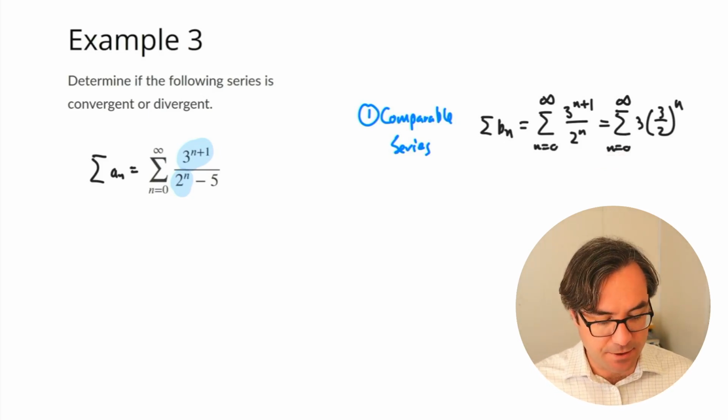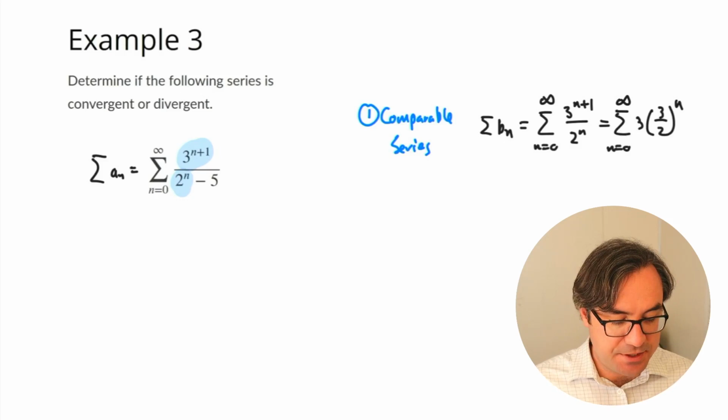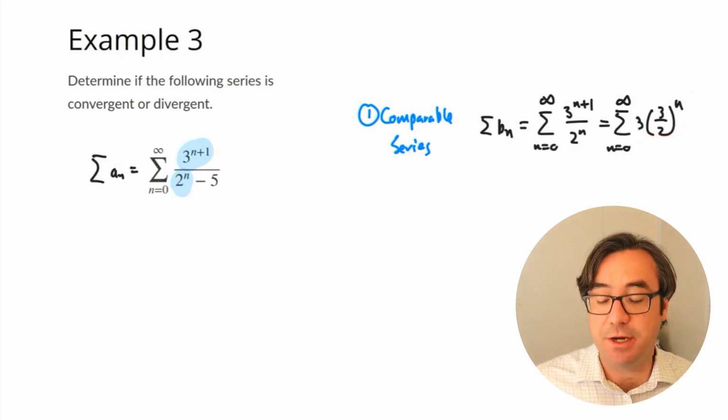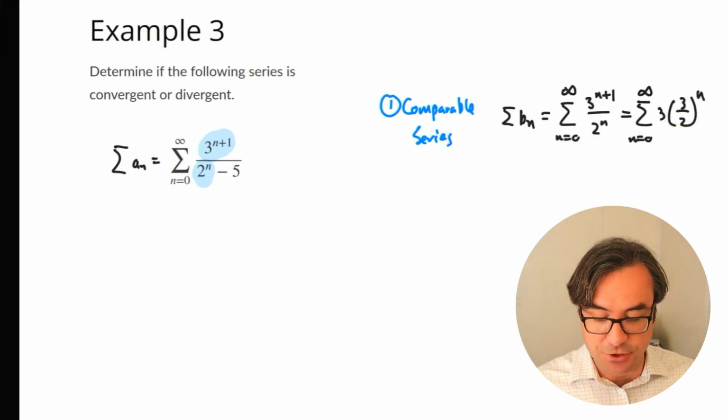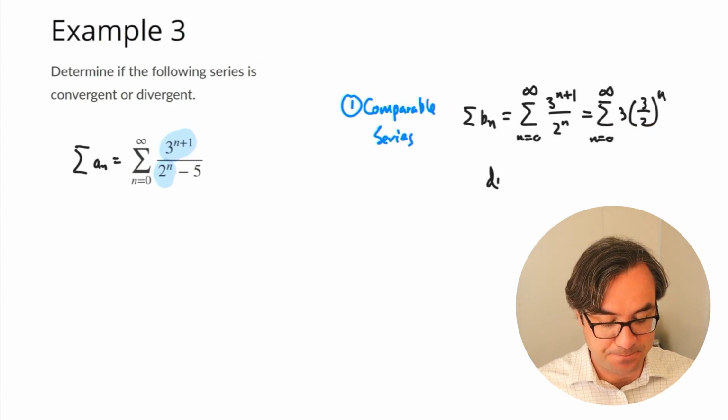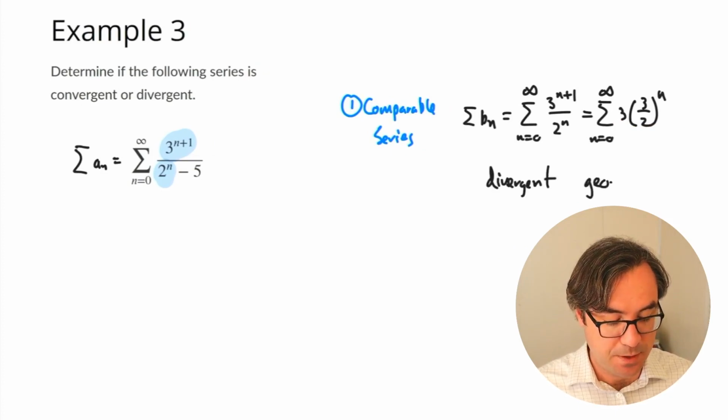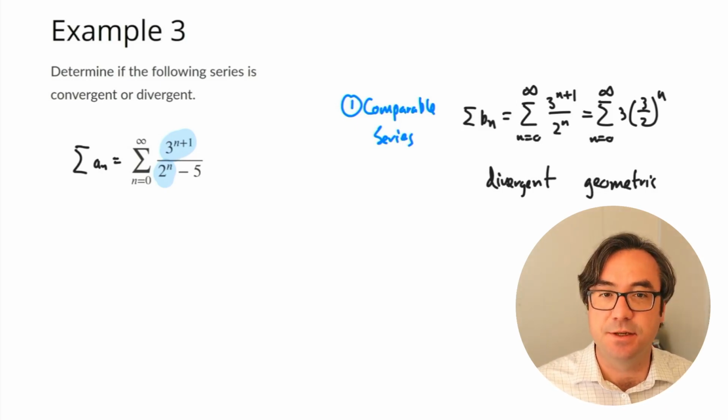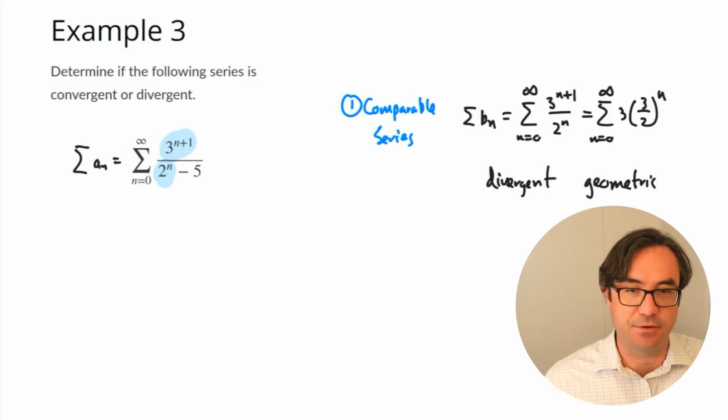And what we see here is now this is definitely written in the form of a geometric series, and it's a divergent geometric series. So again, when we find this comparable series, we just want to state, is it convergent or is it divergent?